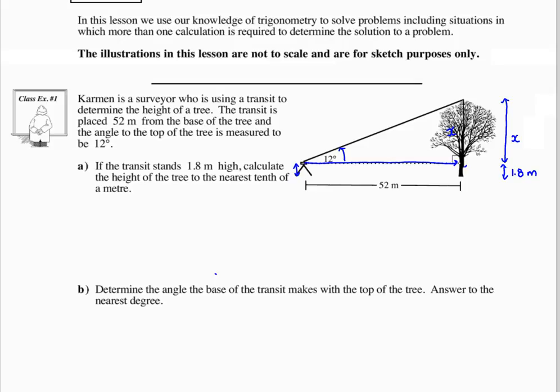Do you want to do that? Start by finding x. Use the right triangle. What do I know? Do I know hypotenuse? Adjacent is 52, and you're looking for opposite. So, TOA.